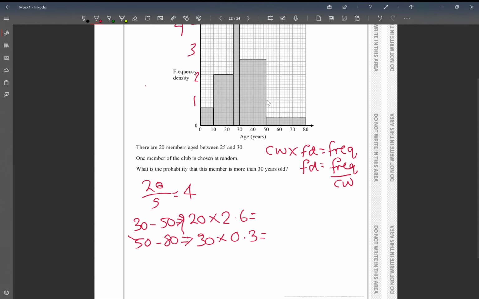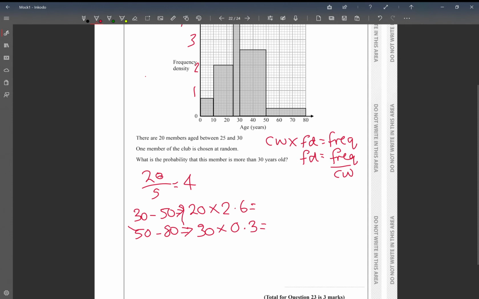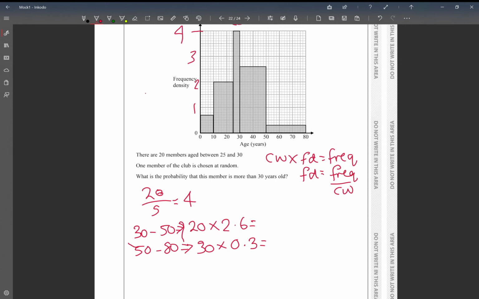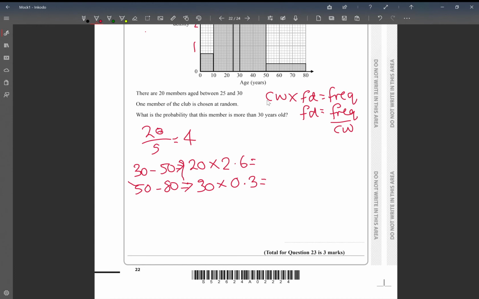We will need to work out all the others because we need to know the total, because it's obviously a probability of the rest, so we actually need to work out all of them. So 0 to 10 is 10 across, and then times 0.7.